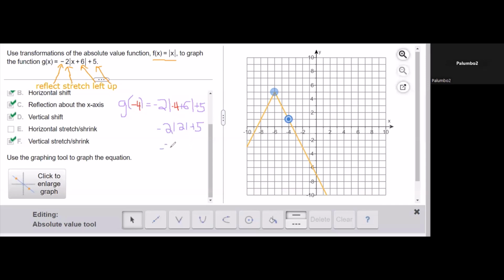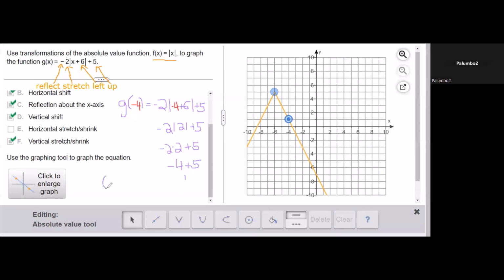So I have negative 2 times 2, I guess I'll do a little multiplication dot, plus 5. And now you have to follow order of operations. You have to multiply before you add. So negative 2 times 2 is negative 4. Negative 4 plus 5 is 1.